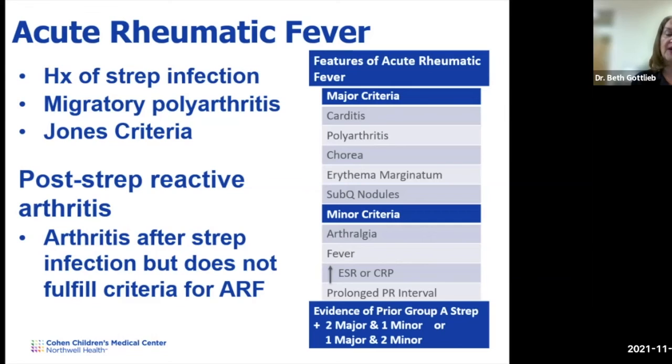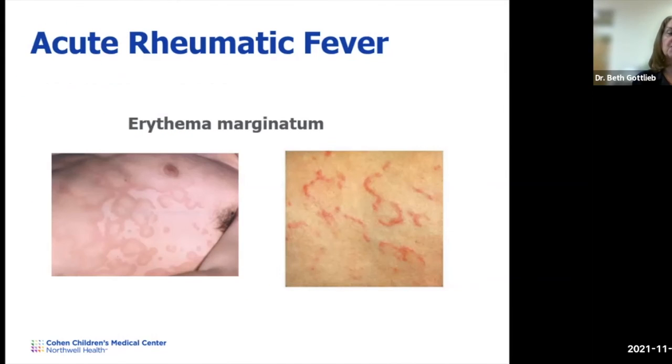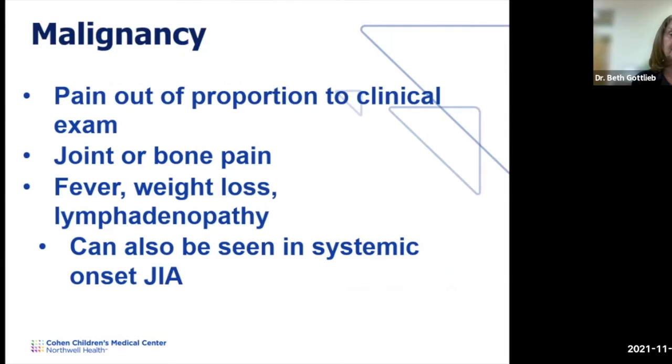Typically large joint. These children, we do prophylax still for a year with antibiotics. And this is just the rash, just to show you what it looks like because we don't see it often anymore.